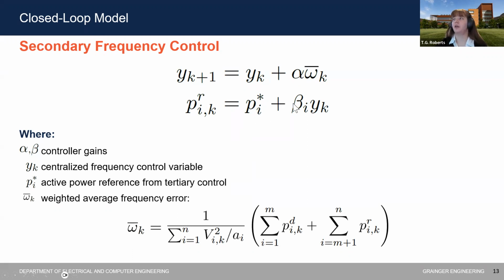Our alpha and beta are our controller gains, and PI star is the active power reference that comes from tertiary control. One notable thing here for our secondary frequency control is that Y is not in terms of I, and this happens because we have one controller for our entire system, because frequency is not a local measurement. So this is a centralized controller.